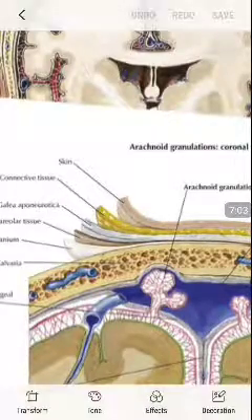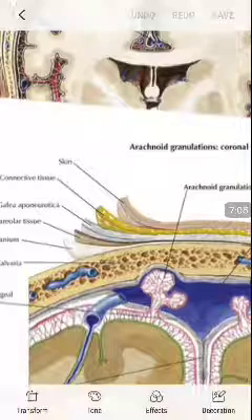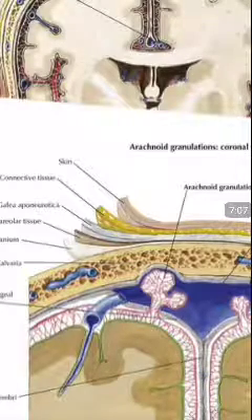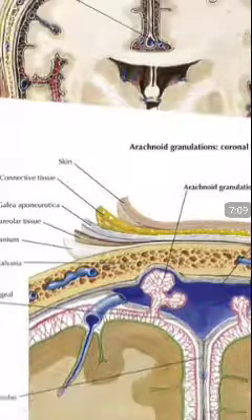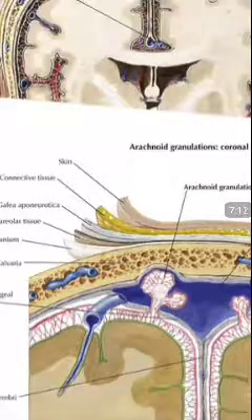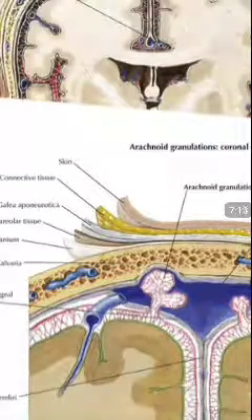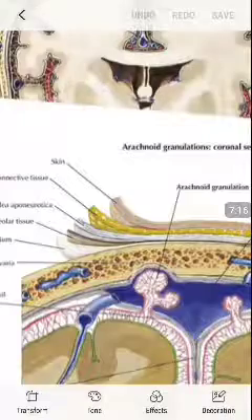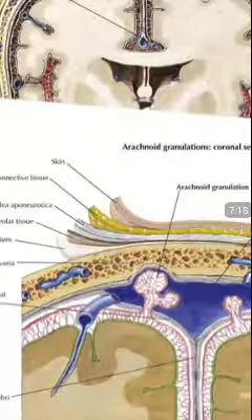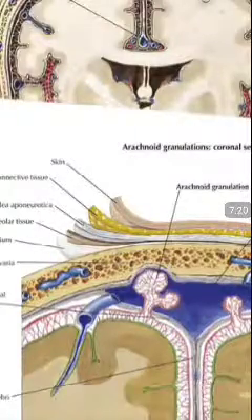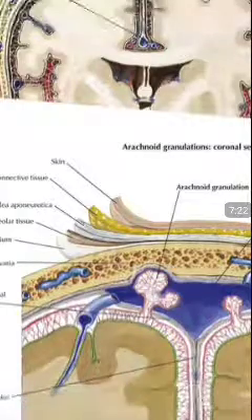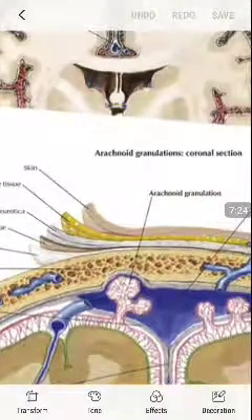This is also called the subarachnoid space, and this meningeal layer is pierced by the diverticulum of arachnoid mater and results in the formation of arachnoid villi or arachnoid granulation, and there is also pitting in the bone due to this arachnoid granulation, which is called the fovea.